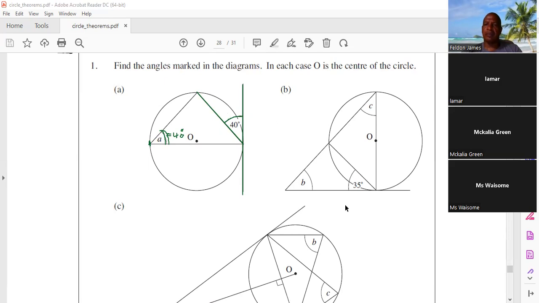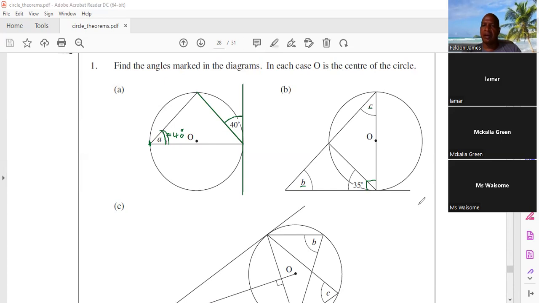All right, what about question B now? Would you be able to calculate C and B? We know that this is a radius that meets the tangent. So we know this angle should be what? That angle should be 90 degrees.